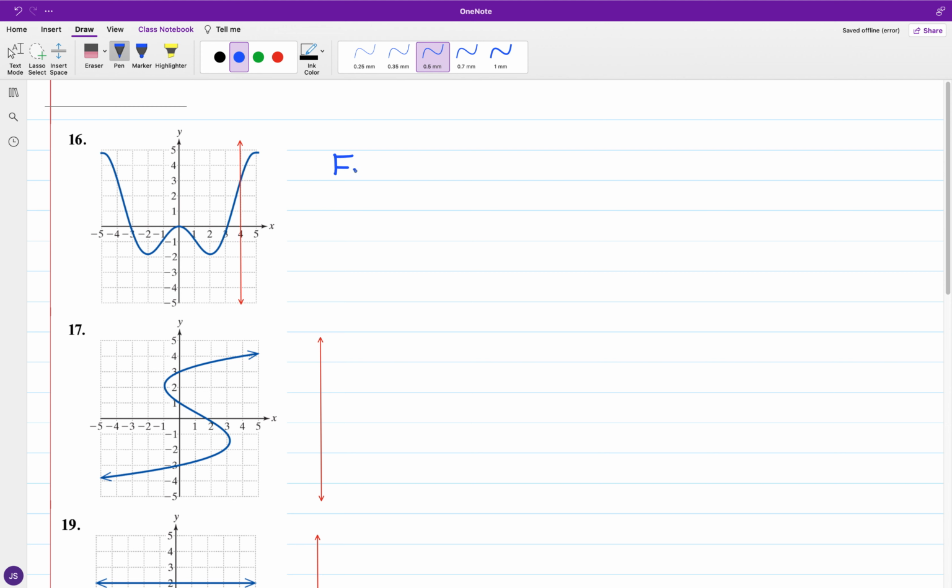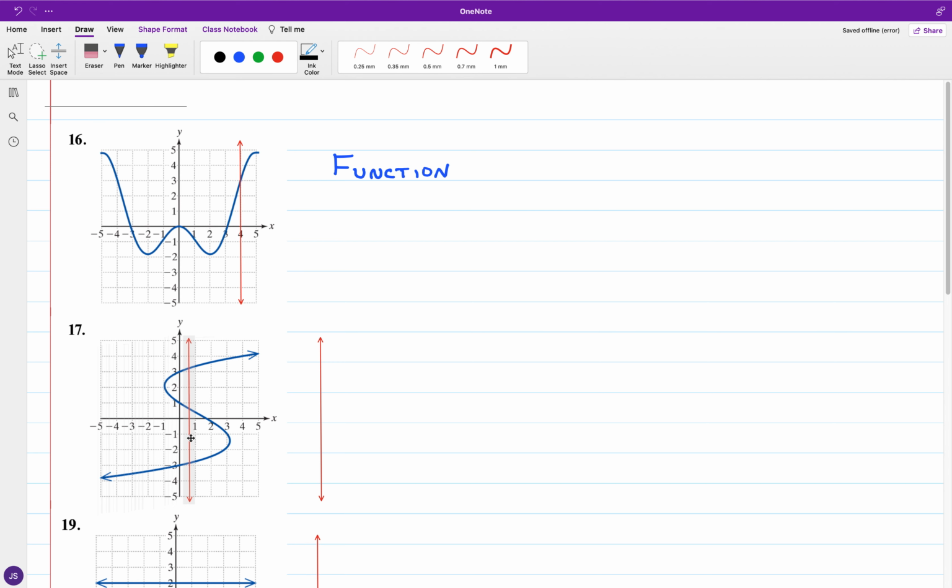For the next item, we have a graph that looks almost like the letter S. Applying the vertical line test, there's part of the graph that would seem to suggest that we have a function until we get close to the y-axis.